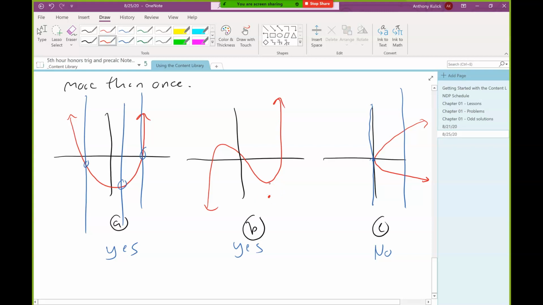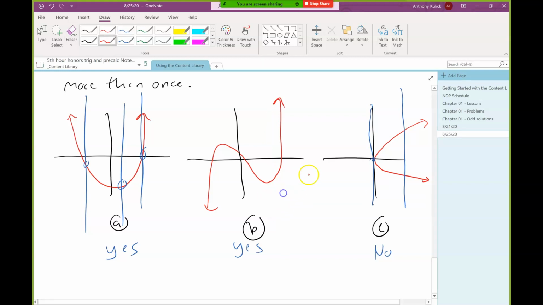Is this a function? Not anymore, right? That little point ruined it because there's a vertical line we can draw that goes through the function and that little point, so now you're intersecting the graph twice. Everybody okay with that idea?